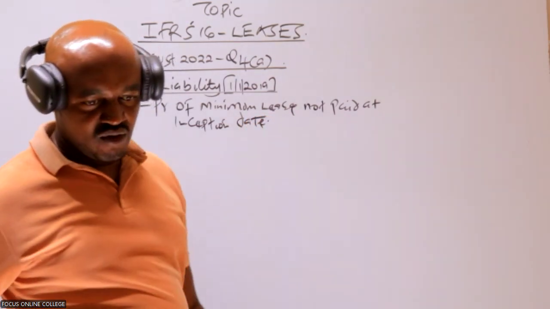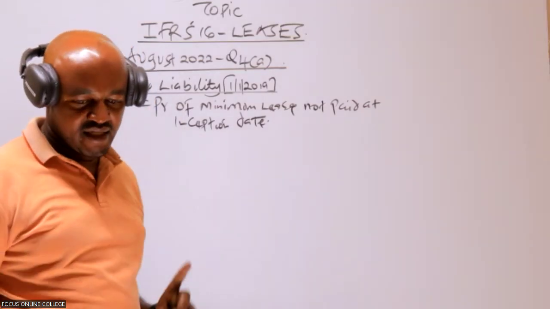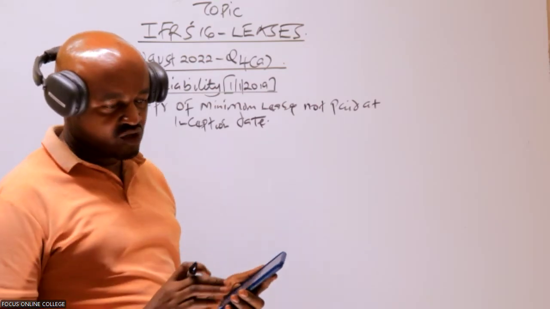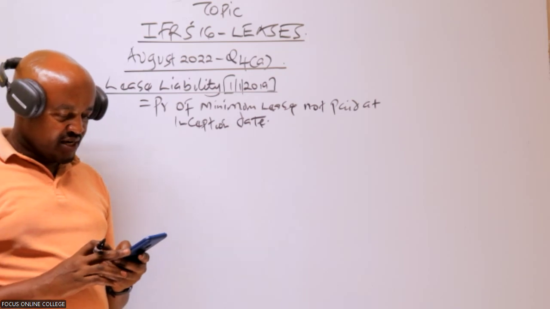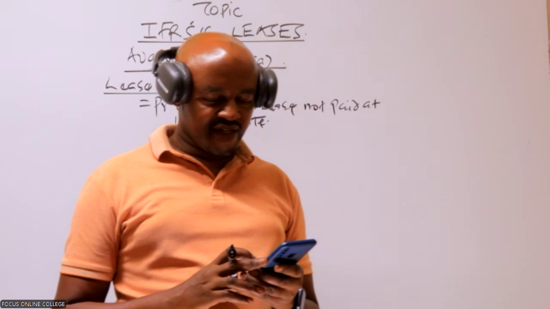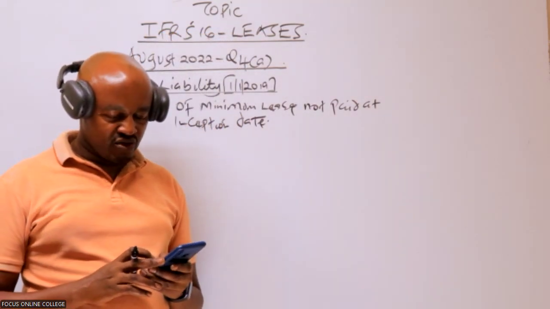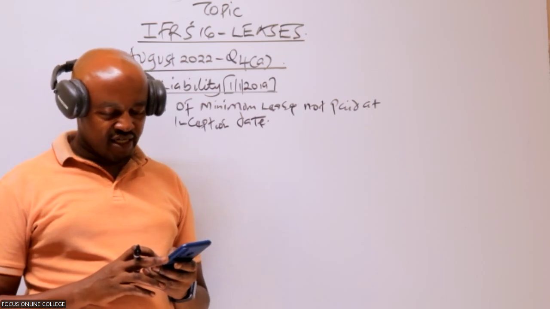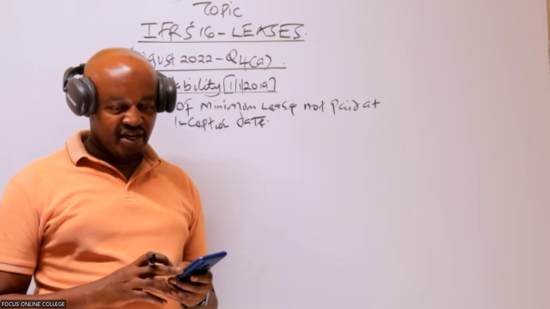Now, for us to be able to compute this lease liability at the inception date, we need to go back to the information given in our question. If you check the first paragraph, the first sentence, we are told that on 1st January 2019, Breakwood Limited entered into a contract to lease an item of plant and equipment from a supplier for 3 years period.